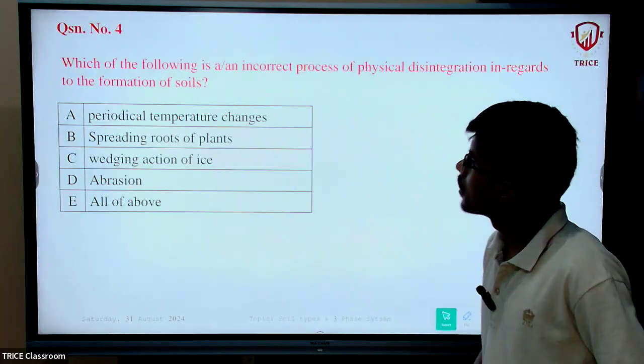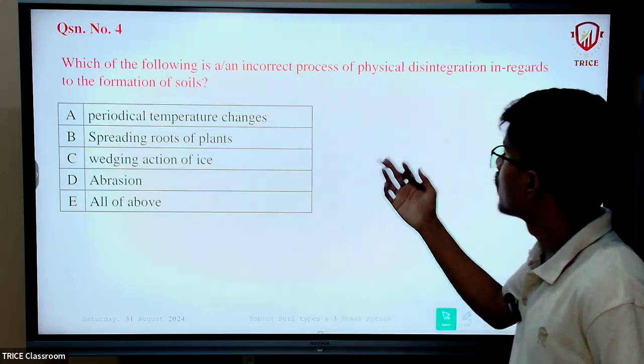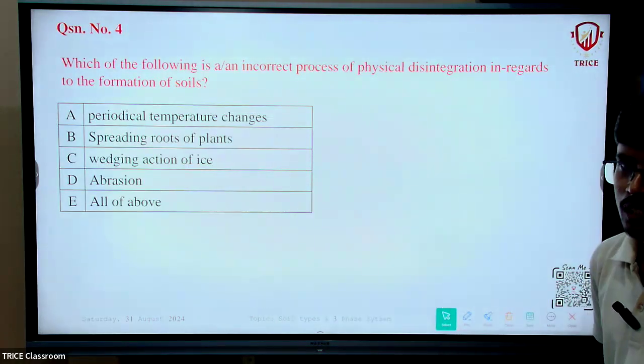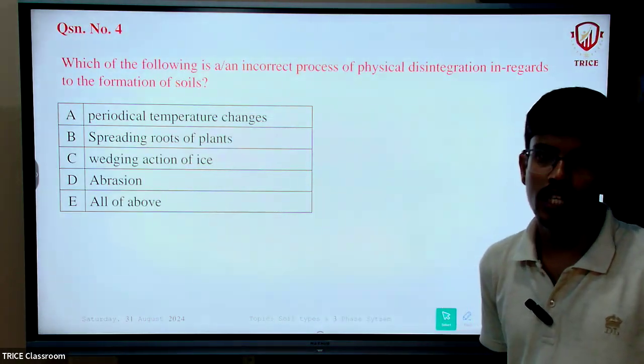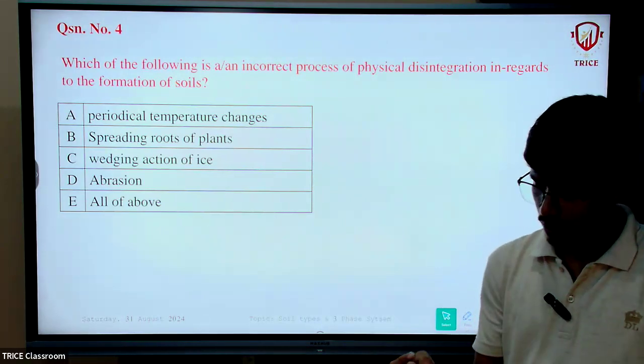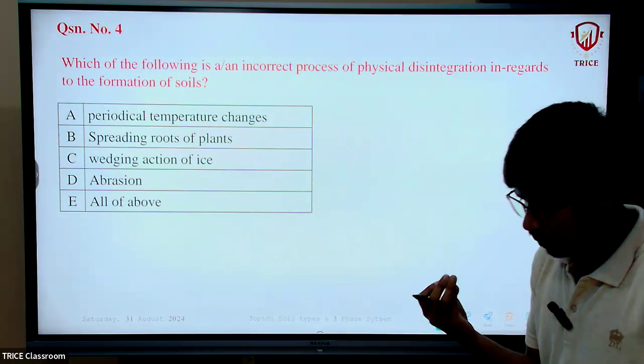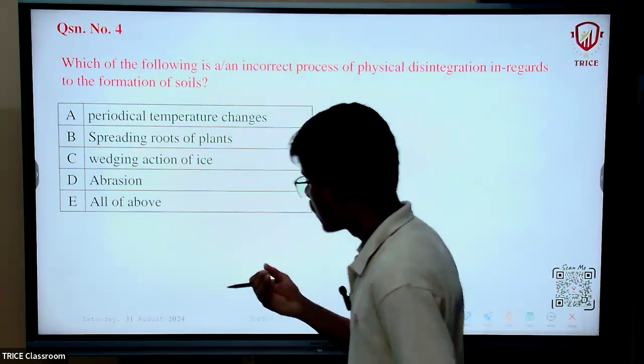Then, as we know, we have the physical or mechanical weathering process. The mechanical weathering process includes temperature changes. Okay, so then we have the rock.